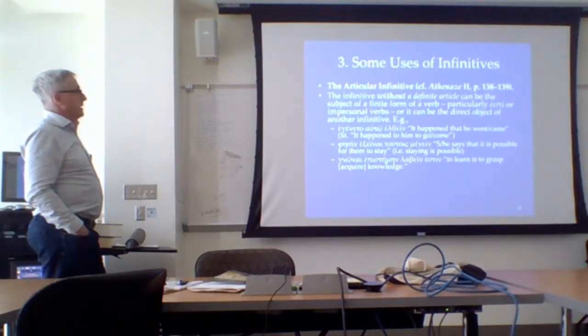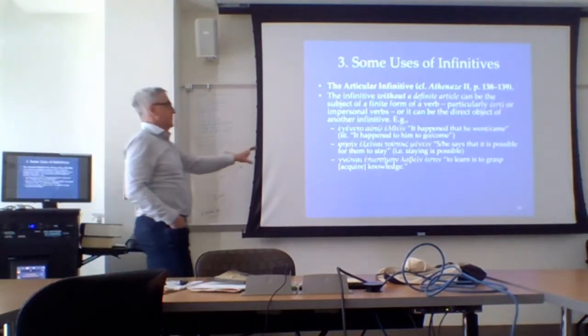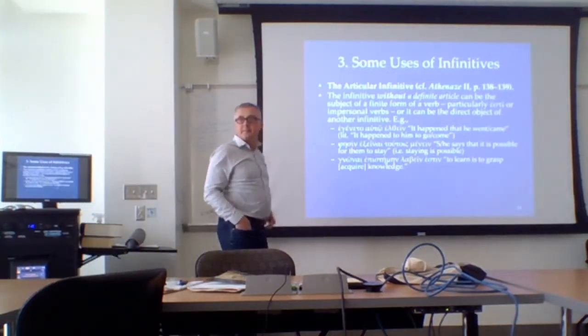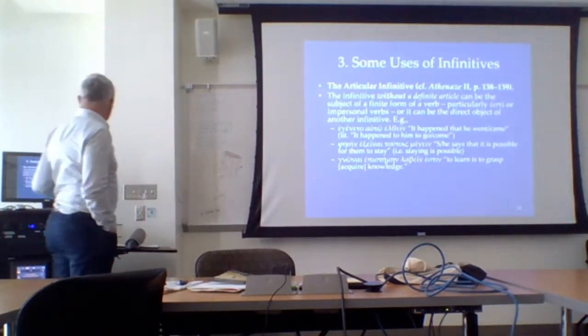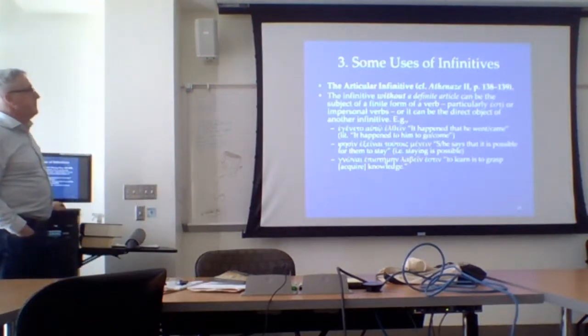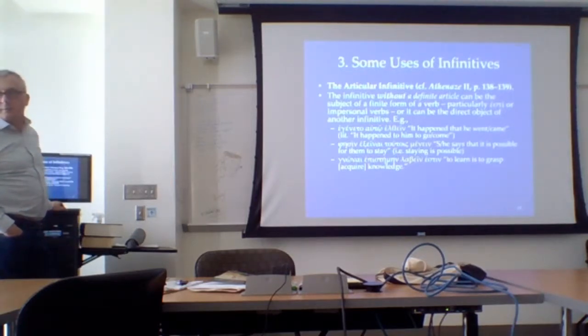And you get things like gnonai epistemen labein estin. To learn is to grasp. That's to say, to acquire knowledge. Episteme. This is actually from Plato, right? To know is to grasp knowledge. So you have infinitives juxtaposed with one another without the article, right?